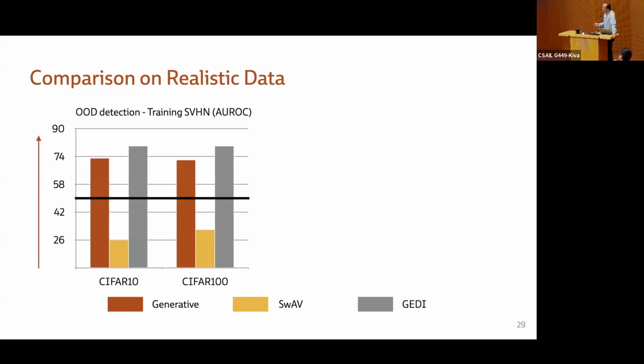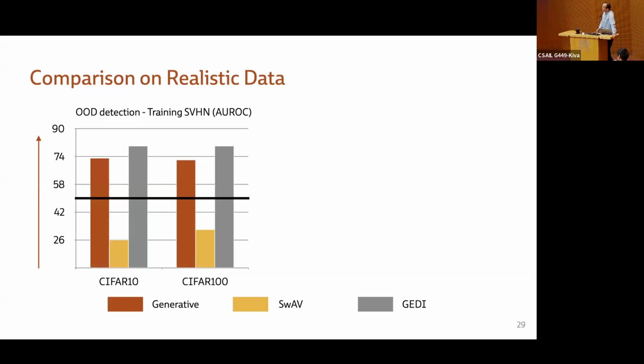If the performance is above this black line, the model is capable of correctly predicting that the data is out of distribution, whereas if it is below the bar, the model predicts that the data is in distribution. We can see that the clustering approach confuses the examples as in distribution, so it is not robust for out-of-distribution detection.